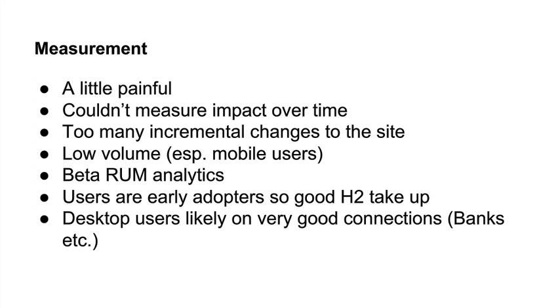The desktop users that we have are generally based in large organizations, so banks, large law firms, big corporations. So the connectivity they have is likely to be high bandwidth and low latency. It's good for their browsing experience. It might not actually be so good for establishing whether H2 has a good impact on your website or not.